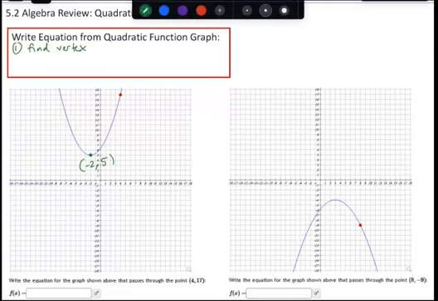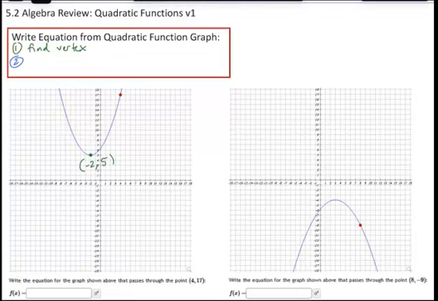Step 2, once you find this, what you're going to do is plug in the given point. So that's the x and the y that's given. Again, that's down here, or it's located here, depending on whether it fits on the graph or not. Okay, you're going to plug in the coordinates for those points and your vertex.